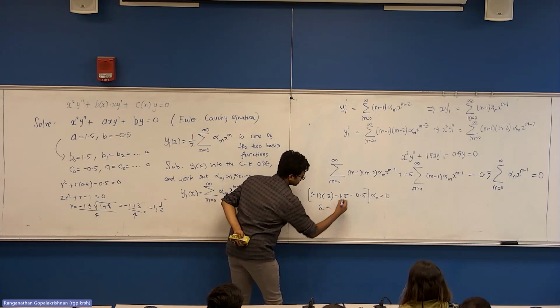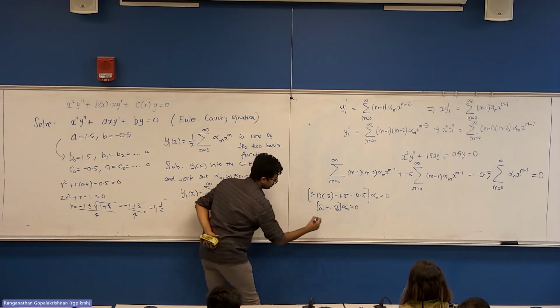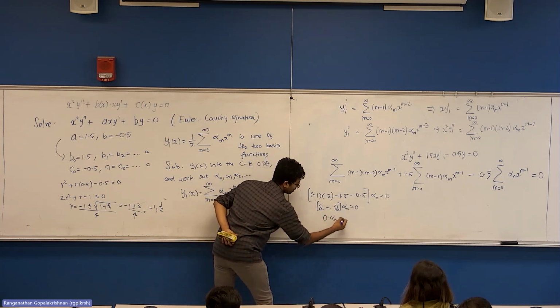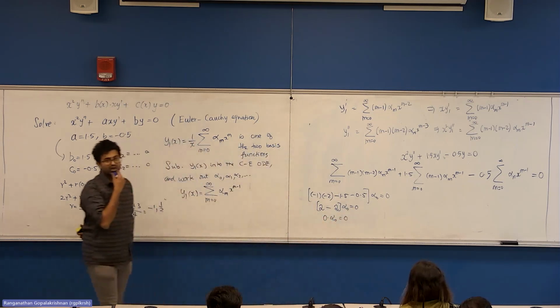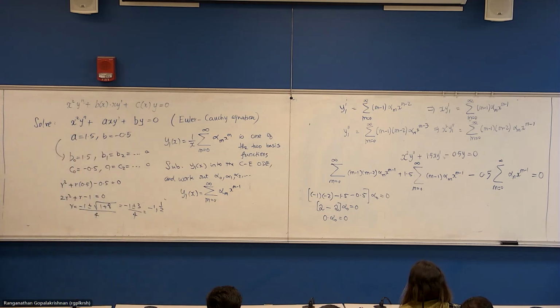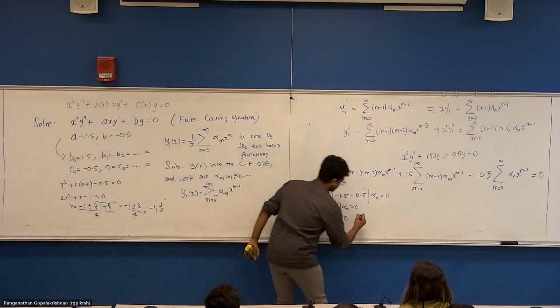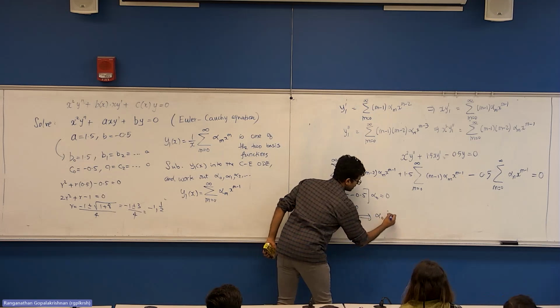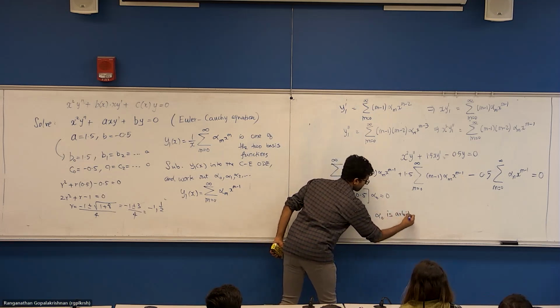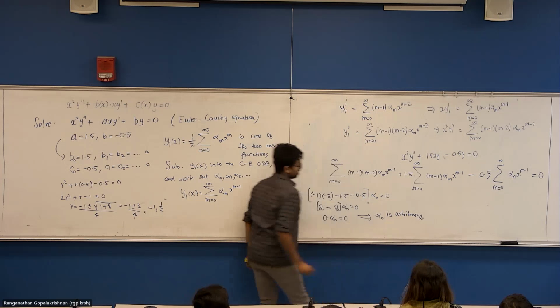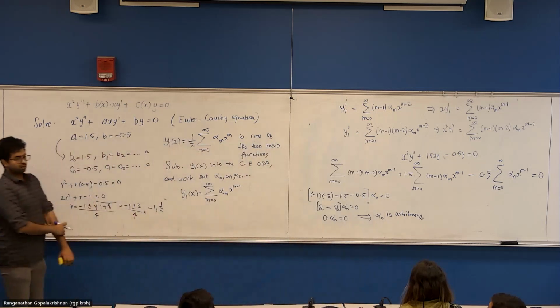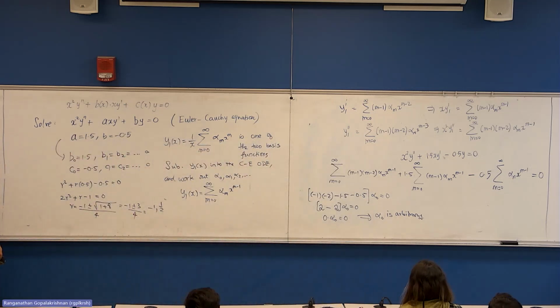This is minus 2. 0 times alpha naught equal to 0. What does that mean? Alpha naught can be anything. It would still satisfy this equation. So what that first of all means is alpha naught is arbitrary.